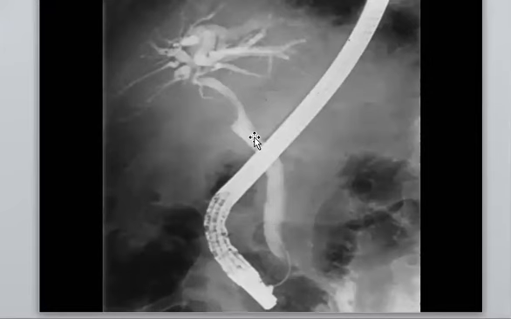When you find narrowing or compression of the adjacent common bile duct, or sometimes the common hepatic duct, with compression of the proximal common bile duct or the hepatic duct, this may be from a stone impacted in the gallbladder, cystic duct, or the gallbladder neck. So it shows you this indentation.